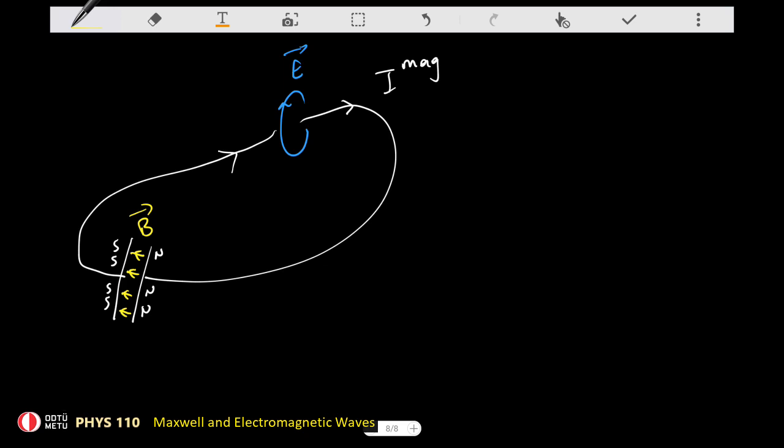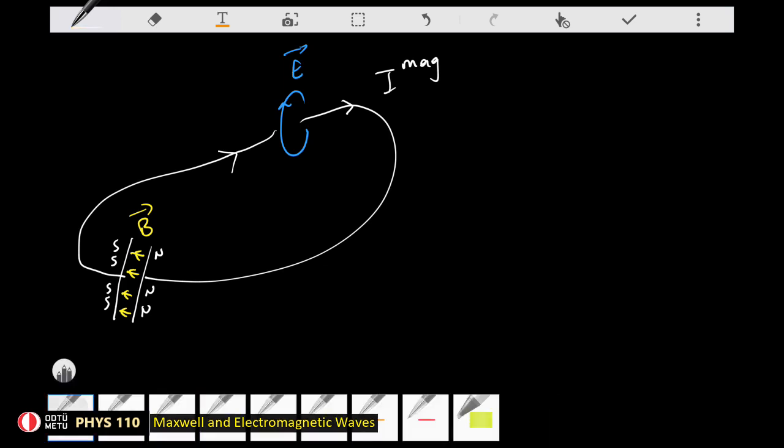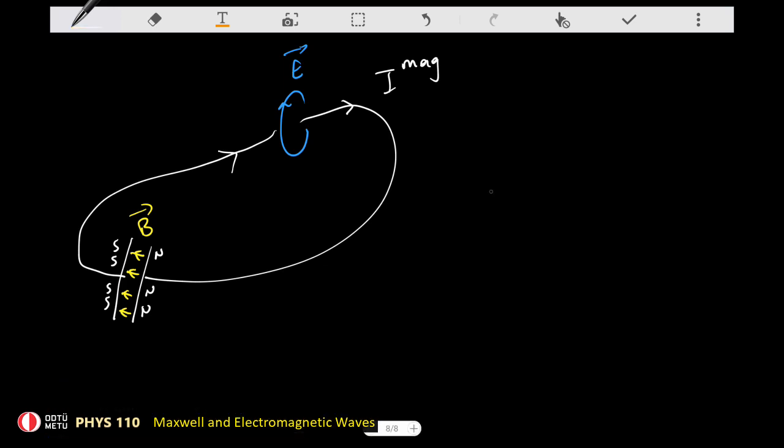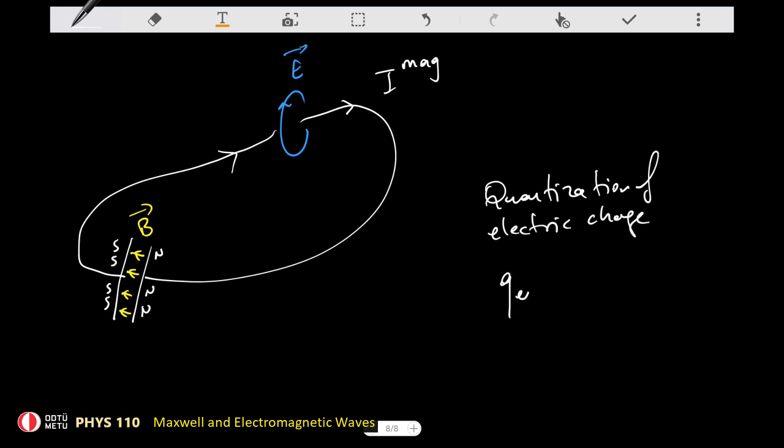One of the clues, which I have also talked about, is the quantization of the electric charge. We know that the electric charge in nature is an integer multiple of one fundamental unit of charge. It cannot be anything else. We know what that charge is: 1.6 times 10 to the minus 19 coulombs.